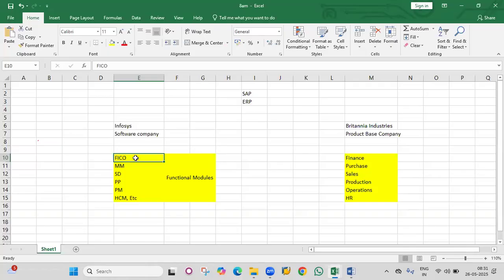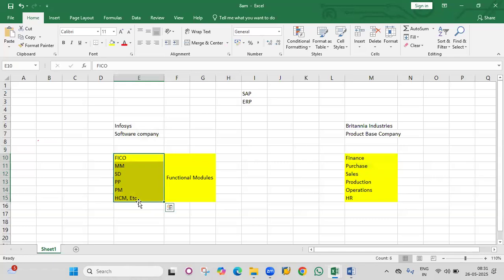Suppose in general ledger it is saying 10 crores. In accounts payable it is saying only 9.5 crores. You can rectify it because we are consultants. So this type of work we have to do in the business. This is the role of the consultants. Whatever problems they are facing, as a consultant, we have to fix it.